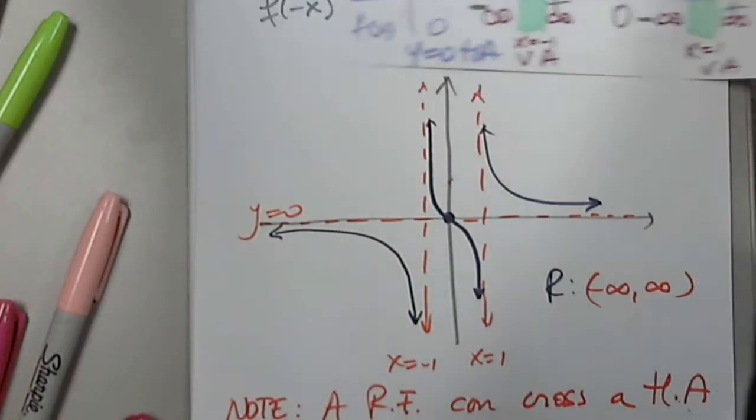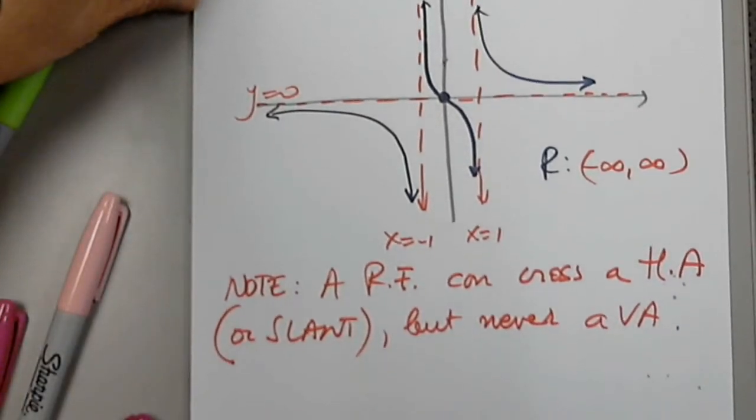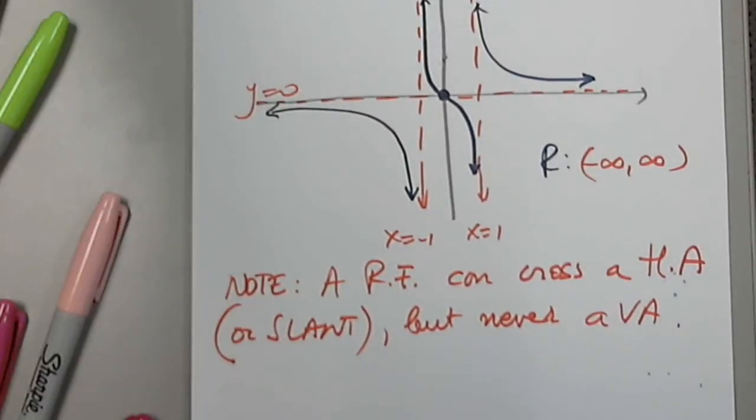Any questions for me? I would like to graph one more before we look at type 3. And you'll tell me which type it is.